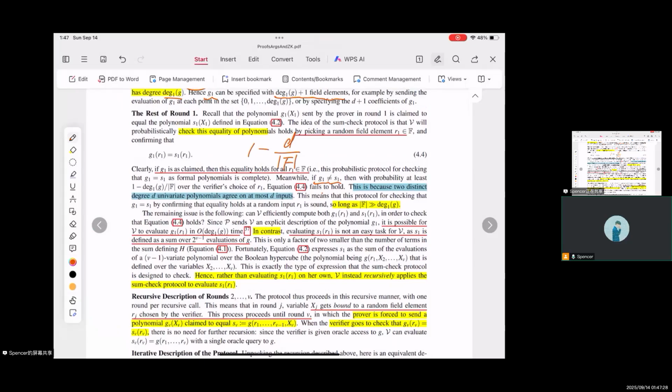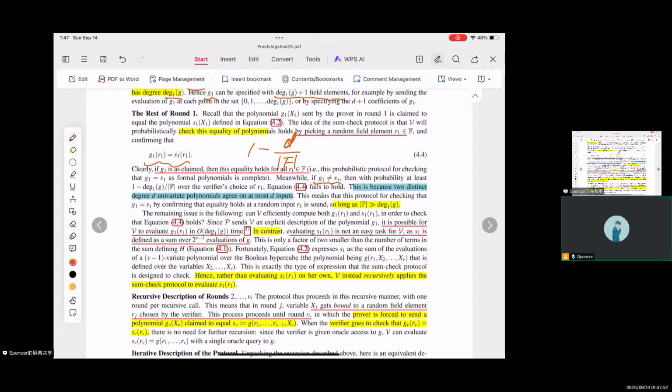So why do we use 1 minus d over |F|? Because if these are two distinct polynomials, how many r's will make this equality hold? It's like solving an equation.